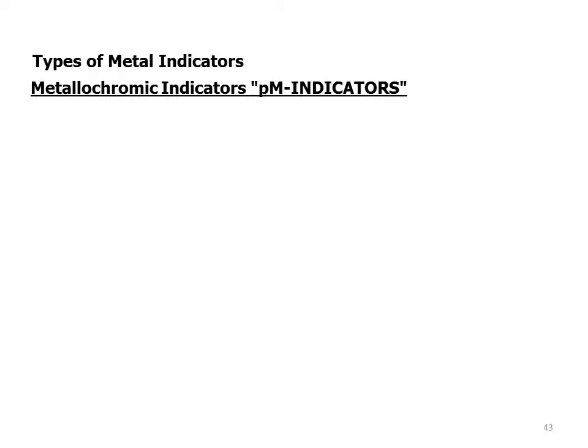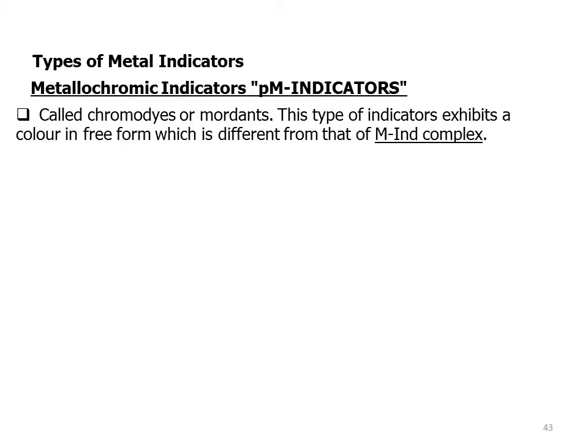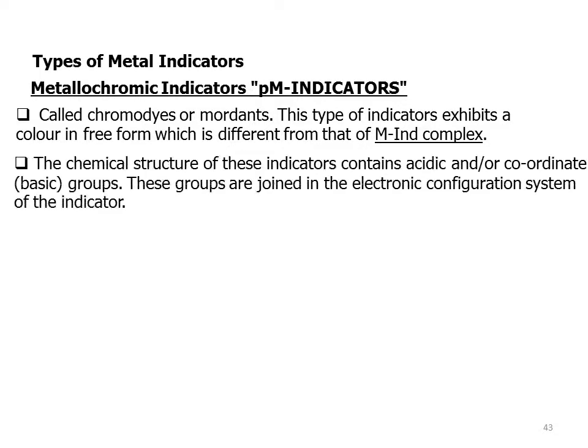Types of metal indicators. Metallochromic indicators. These are called chromogens or mordants. This type of indicator exhibits a color in free form which is different from that of the metal indicator complex.